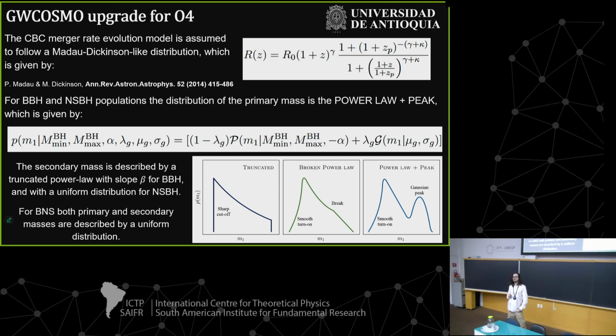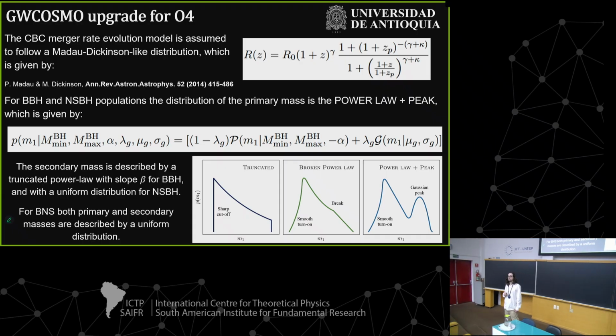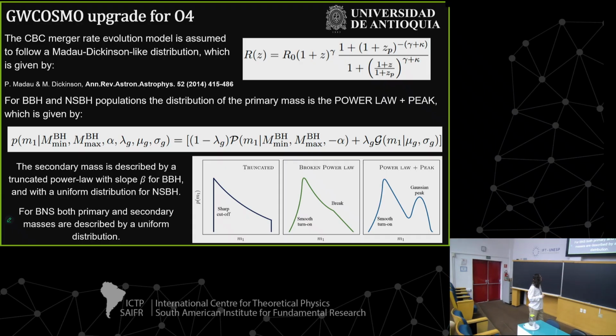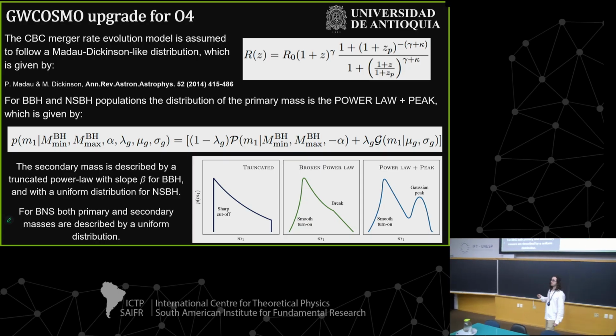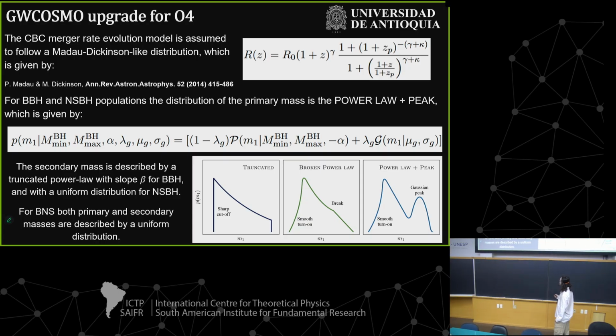So the primary mass is the largest mass in the binary, and the secondary mass, which is the lower mass, is described by a truncated power law with this slope beta for binary black hole systems. And for NSBHs, the secondary mass distribution is assumed to be a uniform distribution.